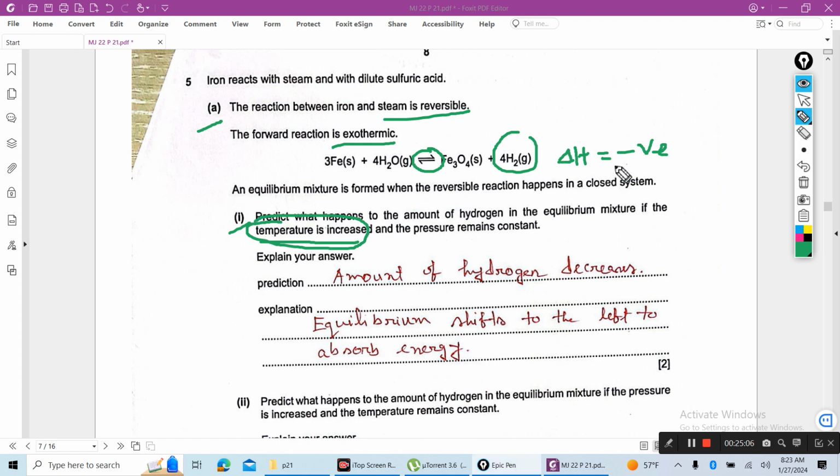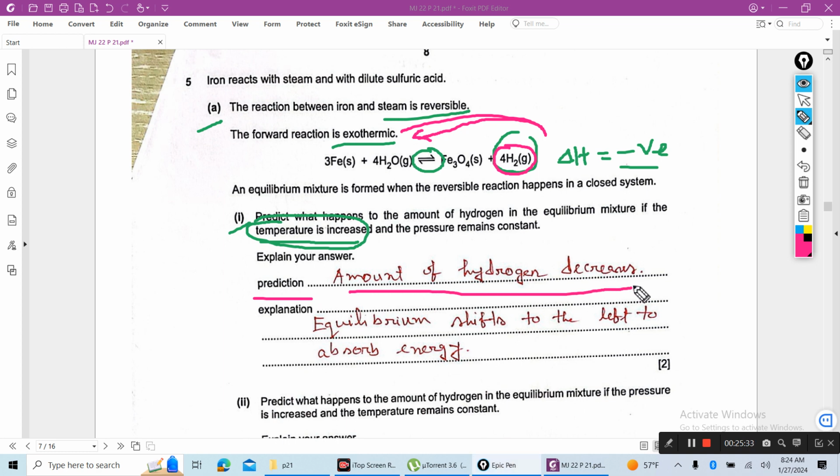So this is an exothermic reaction. If you increase temperature, the equilibrium will try to decrease the temperature. So it will go right to left. If the position of equilibrium moves from right to left, hydrogen will decrease. So the prediction will be that the amount of hydrogen decreases.